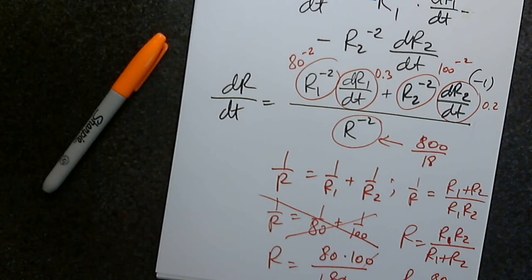I doubt it, but I don't even want to try it. I don't trust it anyway. So 100 raised to, in parentheses, still -2, and come down and multiply by 0.2.